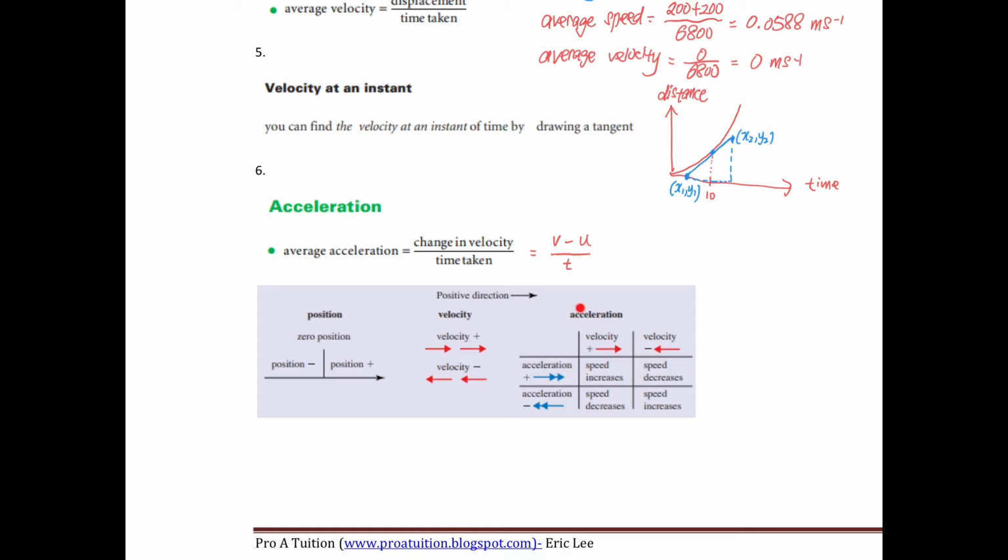Accelerations: the first situation here, the object is moving to the right. The speed increases, that is positive acceleration. If the speed decreases, that is negative acceleration, which is decelerating. Okay, so that is the normal one.